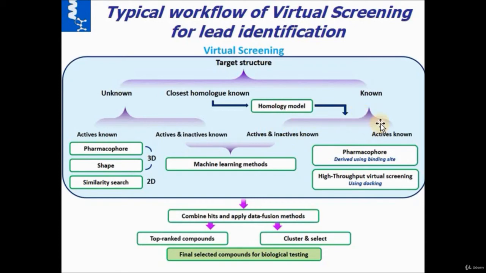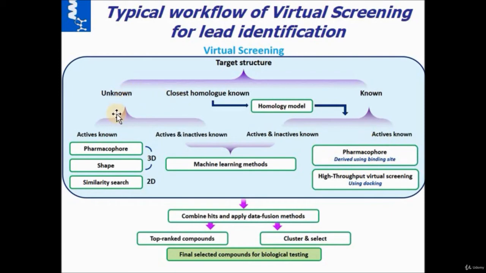So based on that, we can further divide the structure based screening into two types, actives known. Actives here means the compounds which are active against your drug target of interest. Inactives means those which are not actively binding to your drug target of interest. Okay, so based on that we can further divide these two.